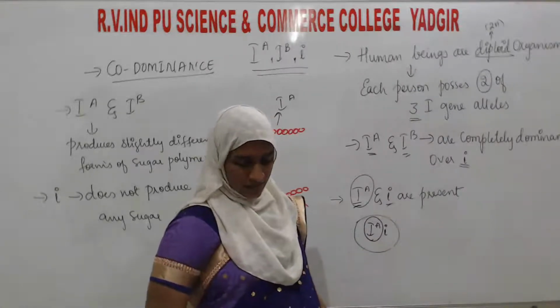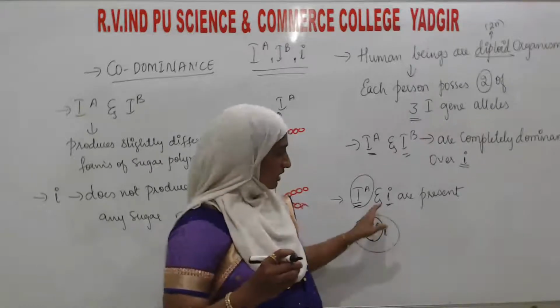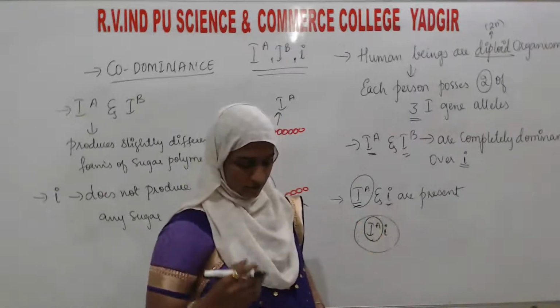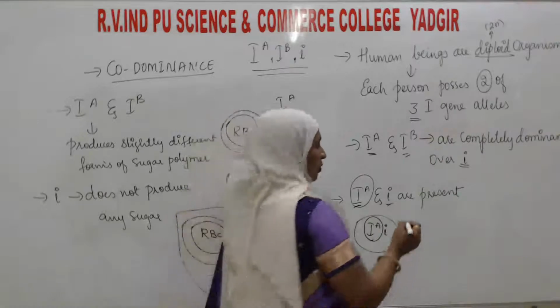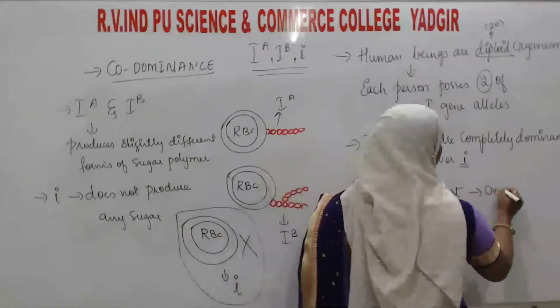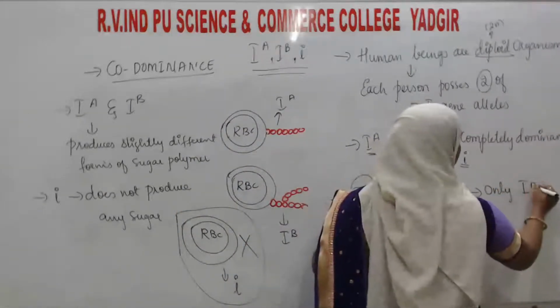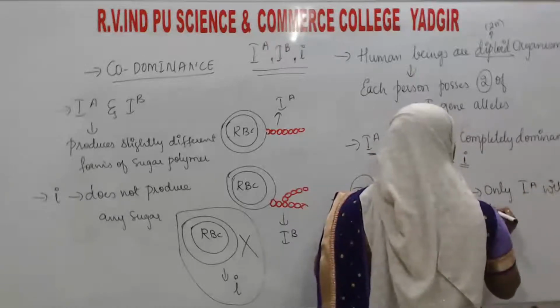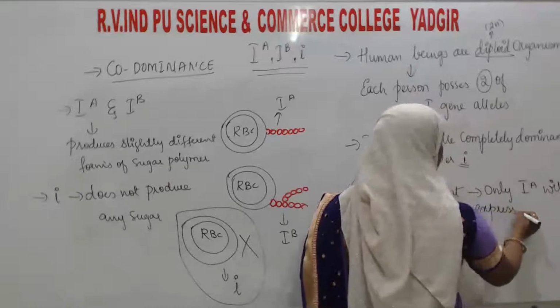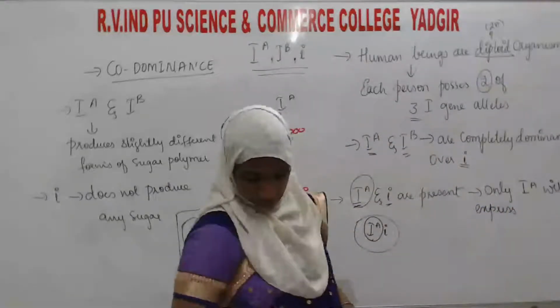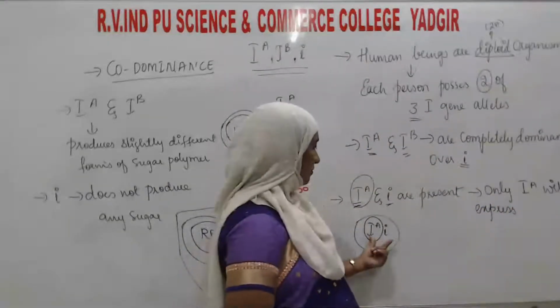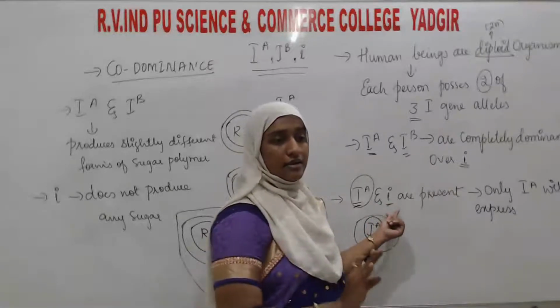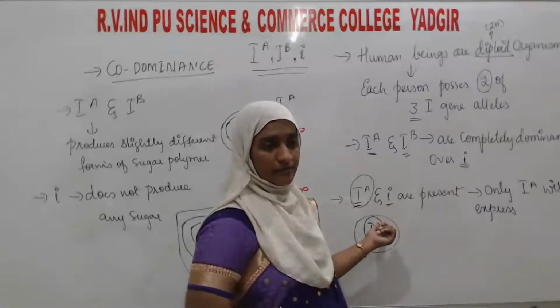If they both are present, IA and small i, only IA will express, because small i does not produce any sugar.